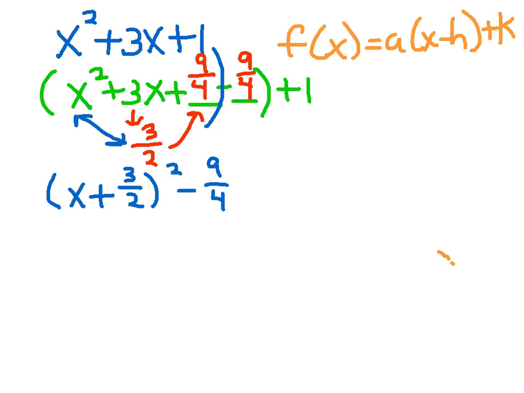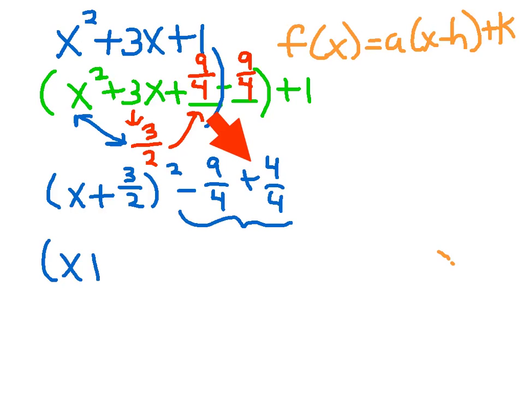Now, here's the only thing that might be a little bit different. Where I'm adding that 1, let me see if I can change that arrow here. All right, when I take that 1 that's here, when I put it down here, I'm going to write that as a 4/4, because of that negative 9/4, so they can work together easily. So here we go.